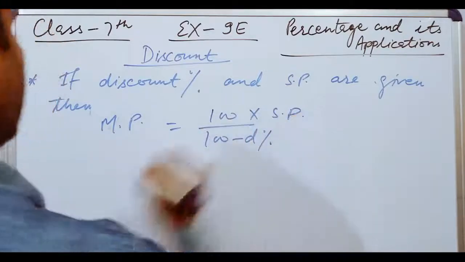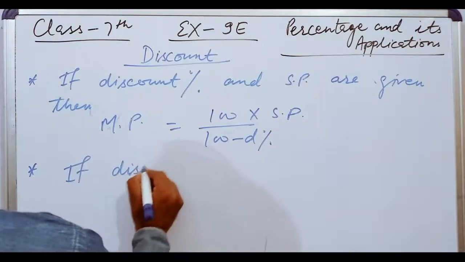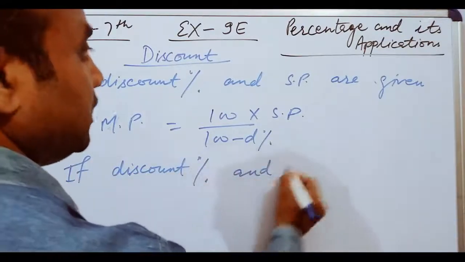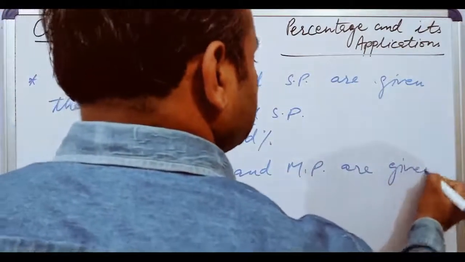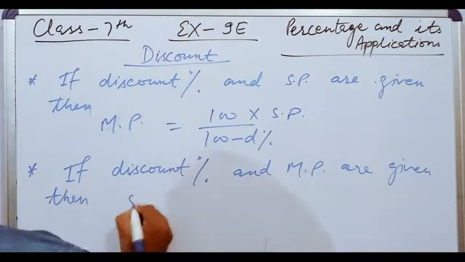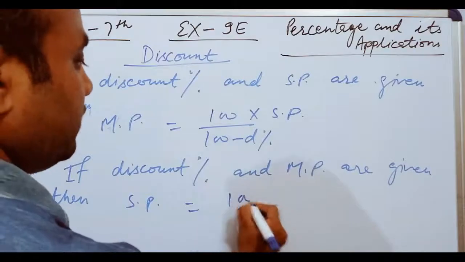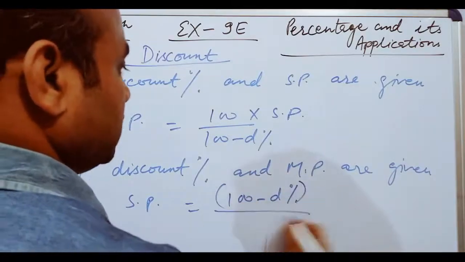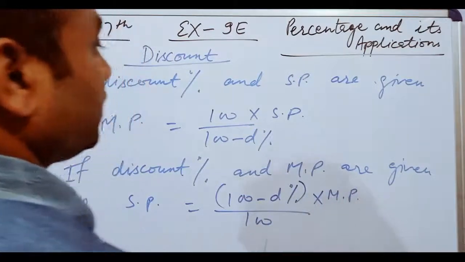This is the mark price. And if discount percent and MP are given, then SP equal to 100 minus discount percent upon 100 into MP, okay dear students.